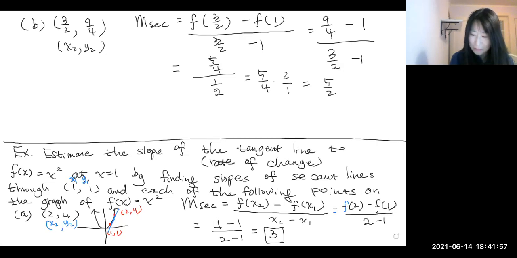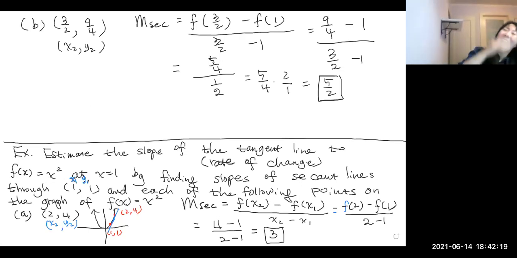Sorry, I messed up. It's 10 over 4, which is 5 over 2. Understandable, right? We misthink sometimes. Okay, that is good.